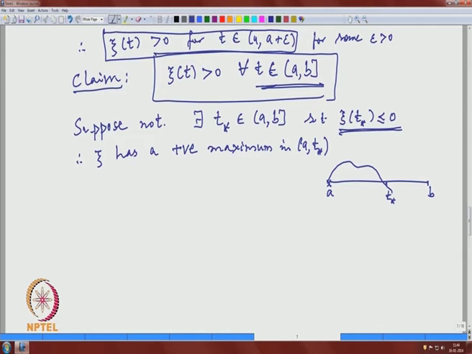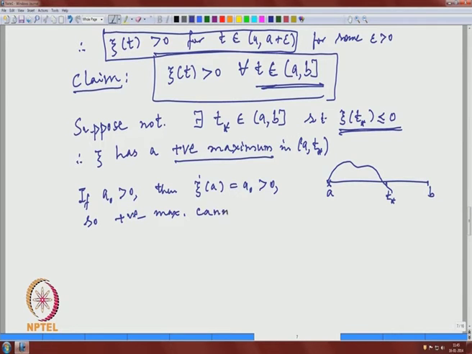So, we want to rule out this positive maximum at A. So, how to do that? So, if A0 is positive, then J dot of A is A0, positive. So, a positive maximum cannot occur at A.